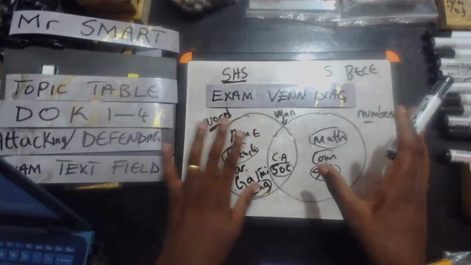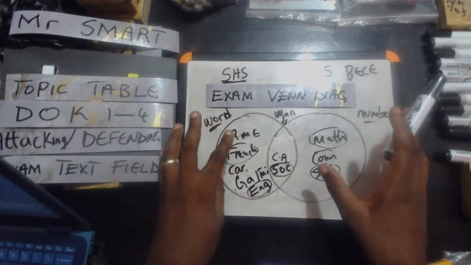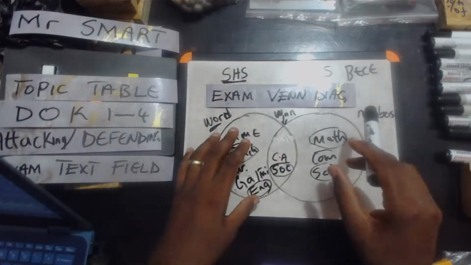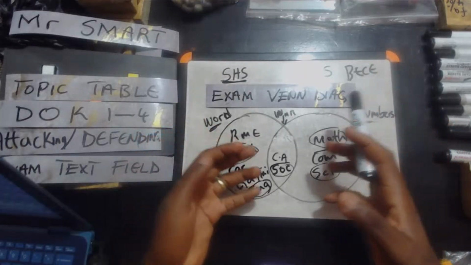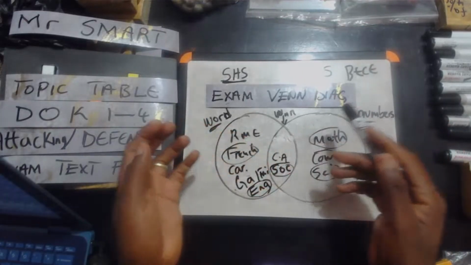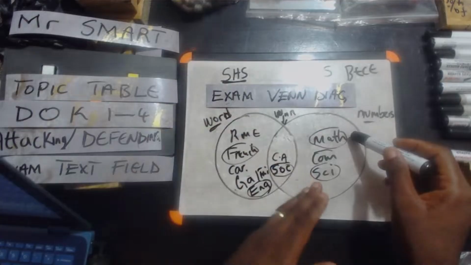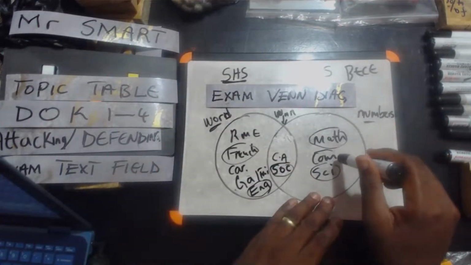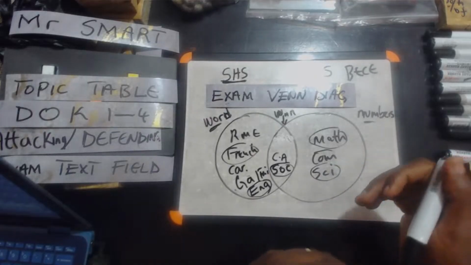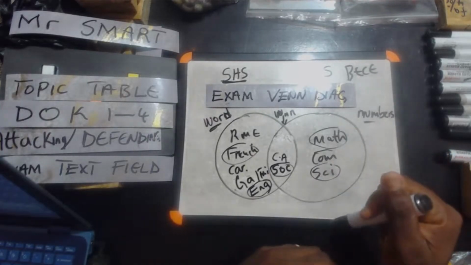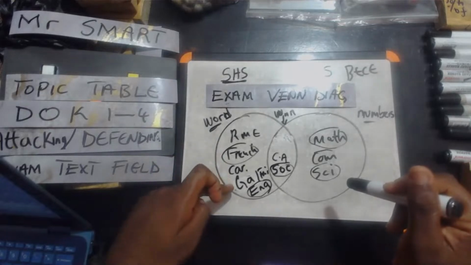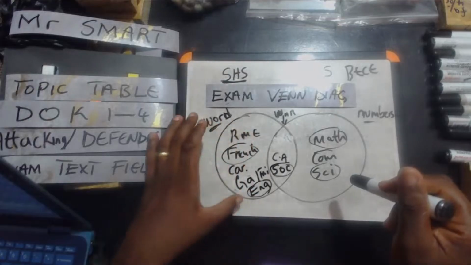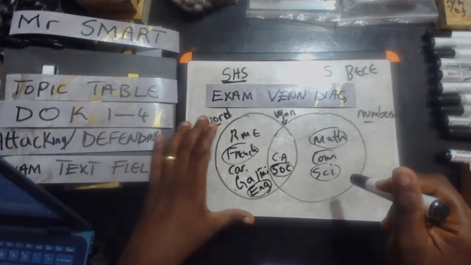So you have subjects that belong to the words part of this Venn diagram and subjects that belong to the number part. Well, they are not strictly word and number because there's always some interaction between word and number for every subject. But for maths, there are more numbers than words, so to speak. For computing, more numbers than word interaction. Science, more word numbers. But RME, French, Career, GA, English, Chi, yes, those are typically your word subjects.